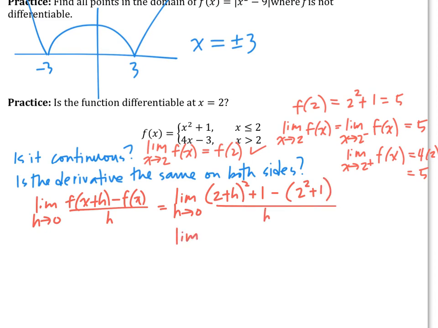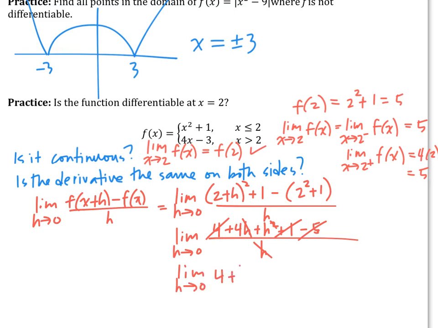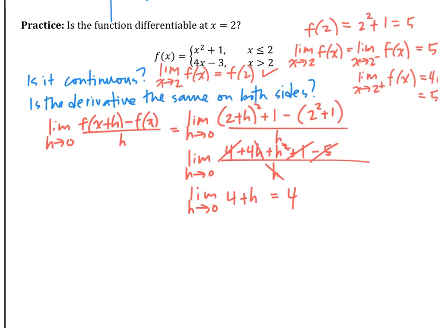This is 4 plus 4h plus h squared plus 1 minus 5, all over h. The 4 plus 1 minus 5 is 0, and the h's cancel out, so it's the limit as h goes to 0 of 4 plus h, which at h equals 0 is 4. So on the left-hand side of 2, the slope is 4.